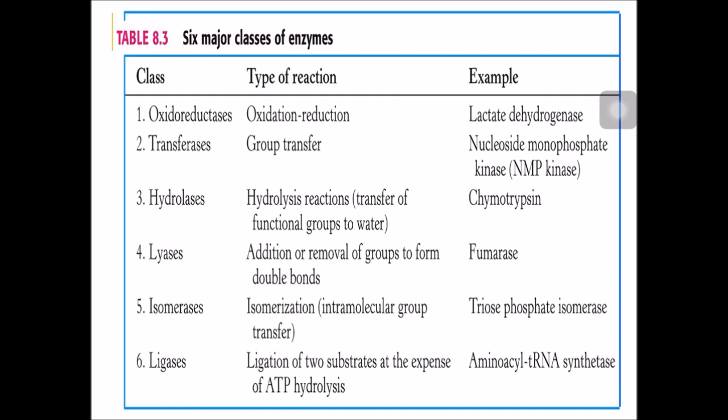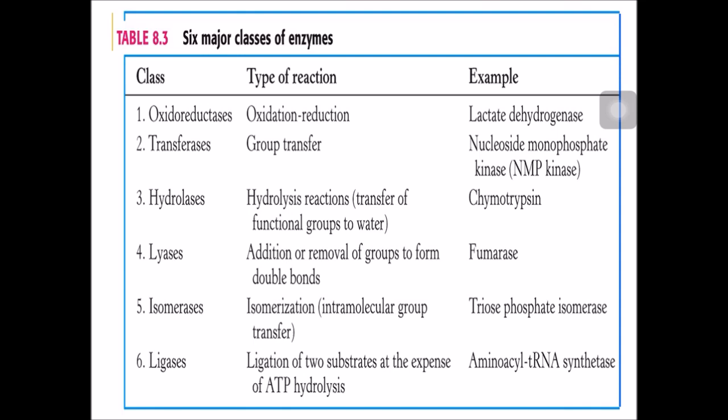Mind you that the sequencing is rigid. Hindi dapat magkapalit-palit ang sequencing ng class number kasi naka-base sa number sa sequence kung anong klaseng enzyme siya. So for example, kung 3 hydrolase yun, hindi pwede maging oxidoreductase. Okay? And the second column of the table tells us the type of reaction that they facilitate.